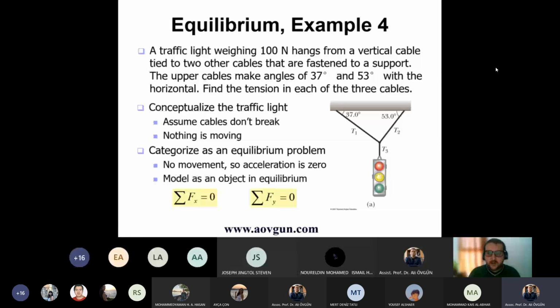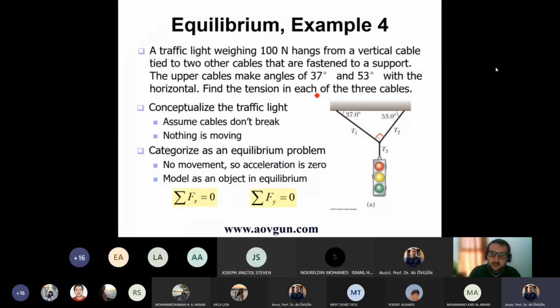The upper cables make angles of 37 degrees and 53 degrees with the horizontal. Find the tension of the three cables. Here you can see cable 1, cable 2, and cable 3, and they give you the angles between them. If this is 53 and this is 37, this angle is 90 degrees. This is a right triangle.